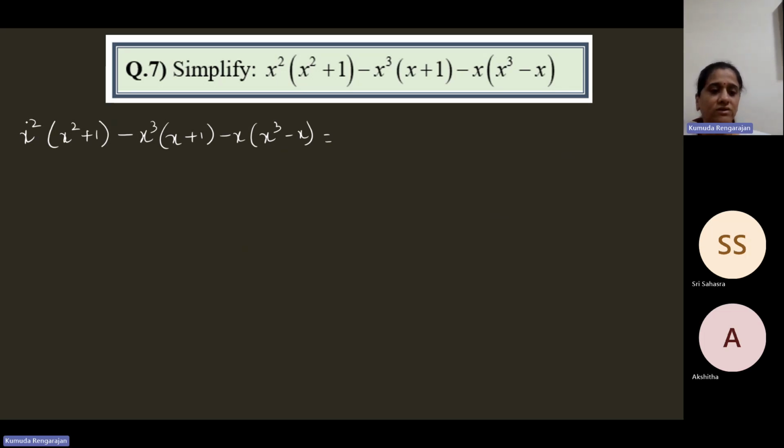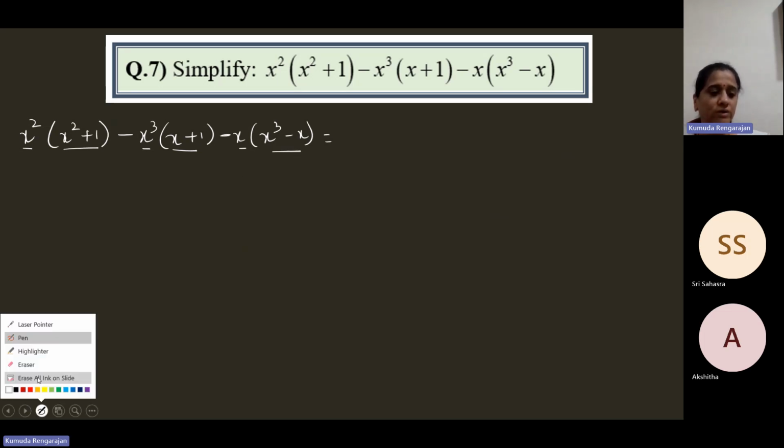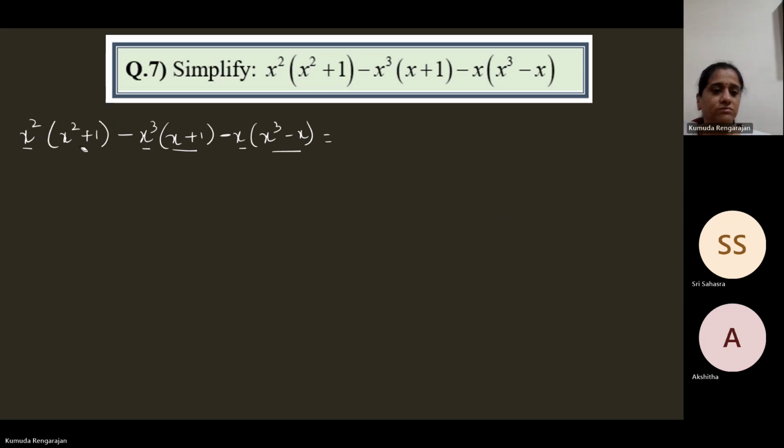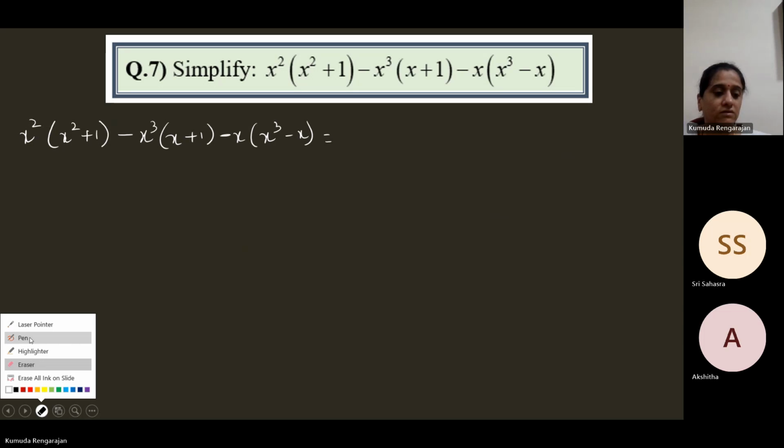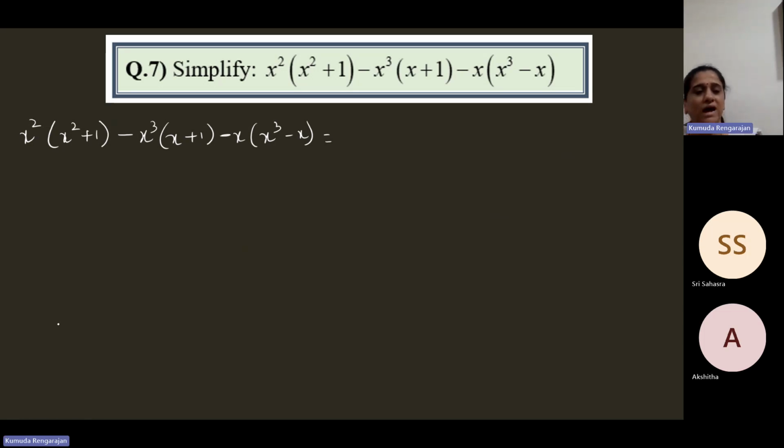How do we understand this expression? Monomial multiplied by a binomial, minus one term multiplied by two terms, minus one term multiplied by two terms. Monomial into binomial. So it's multiplication. And then after multiplying, you'll be adding or subtracting.